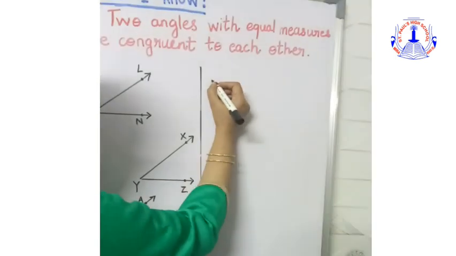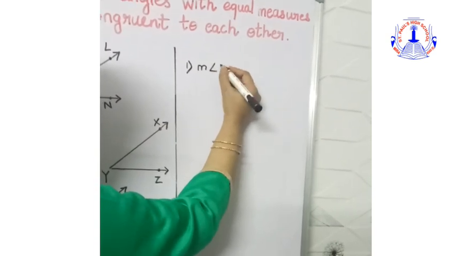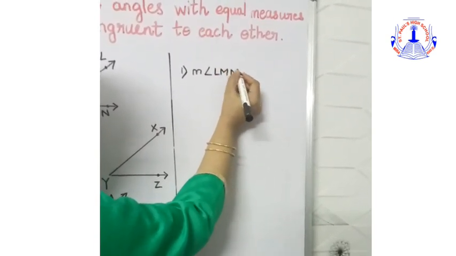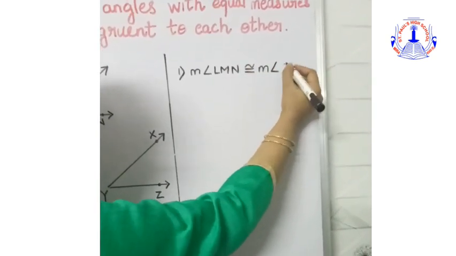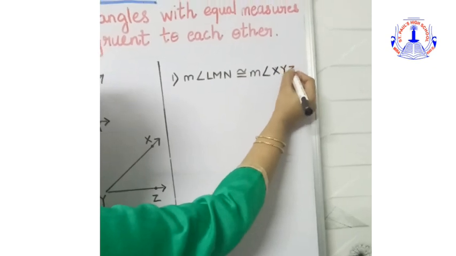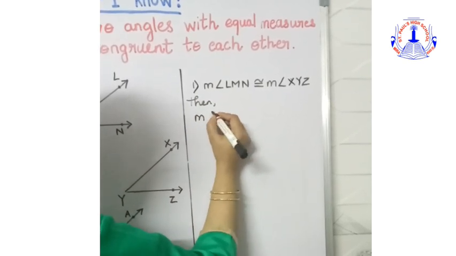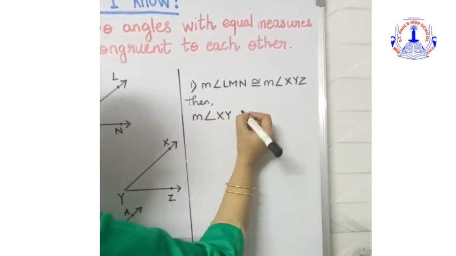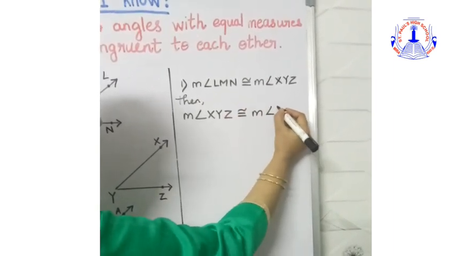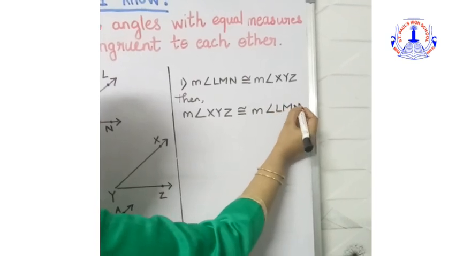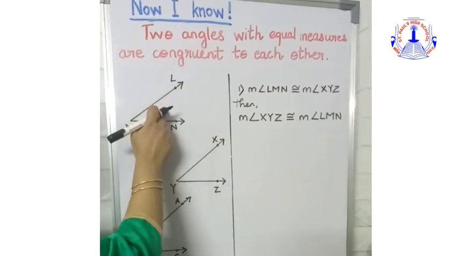So here the first, if measurement of angle LMN is congruent to measurement of angle XYZ, then measurement of angle XYZ will also be congruent to measurement of angle LMN. That is, if the first one is congruent to the second one, then the second one will also be congruent to the first one.